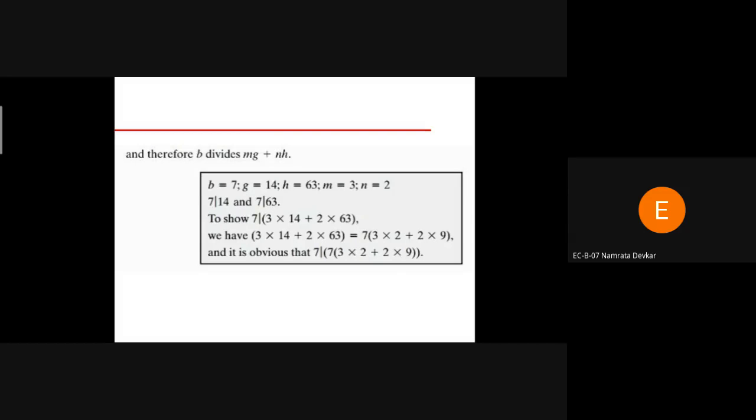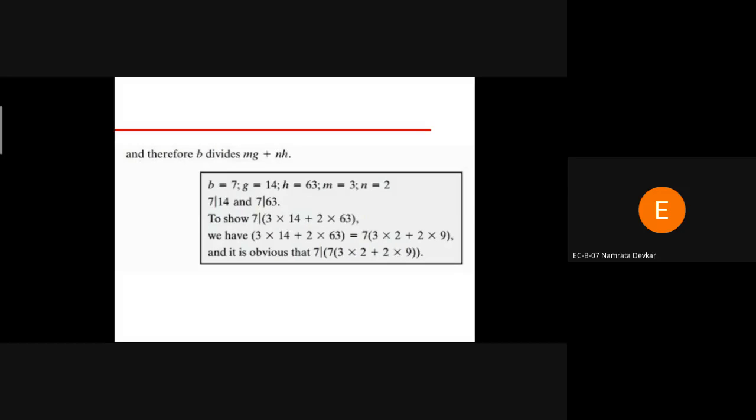Now if we have to show that these two things, the left hand side and right side, are equal, we first write our divisibility property as it is. That should be the modulus of 3 into 14 plus 2 into 63.